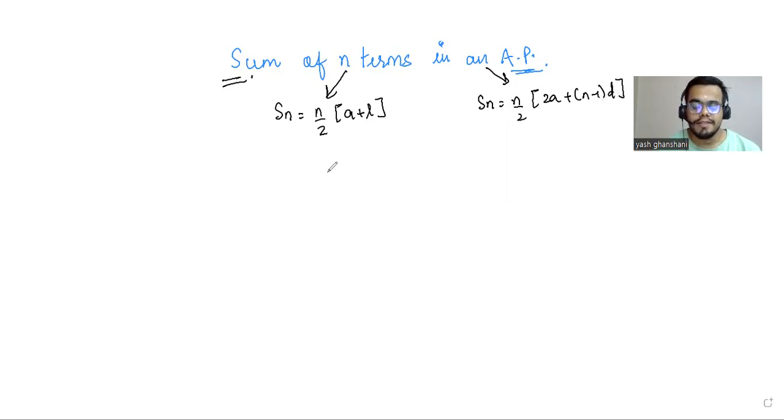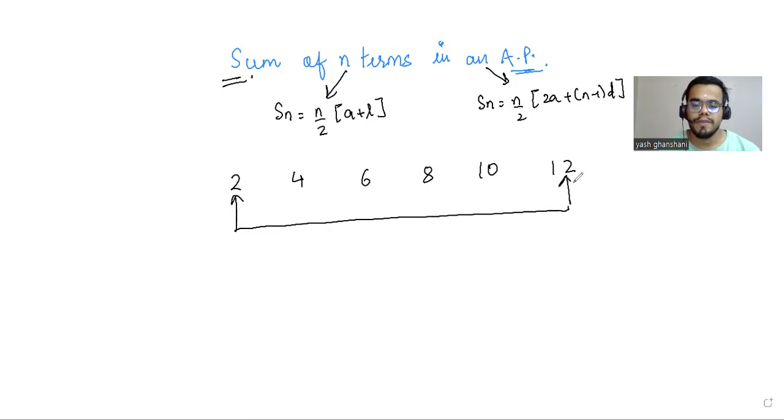So now let us consider an example having six terms. If we start adding the first term from the beginning with the first term from the end, the sum is 14. Second term from the beginning and second term from the end, the sum is still 14.